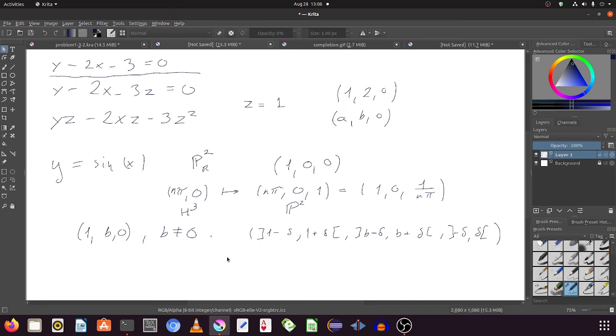We have to go back to the affine coordinates, so we have to divide by this. And since we are in affine space, the point in here must be distinct from 0.